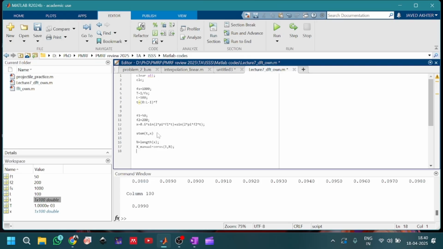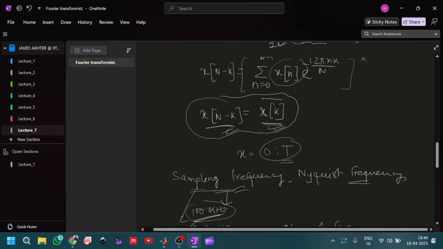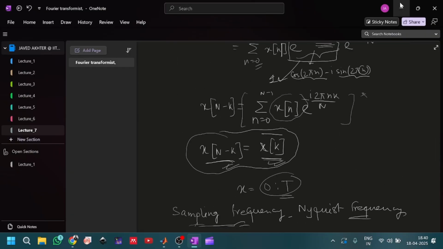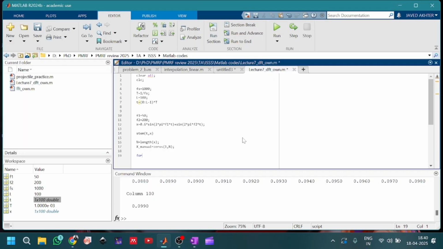Then since in case of DFT we have to compute this one, let me write it down, and we have to run another loop.